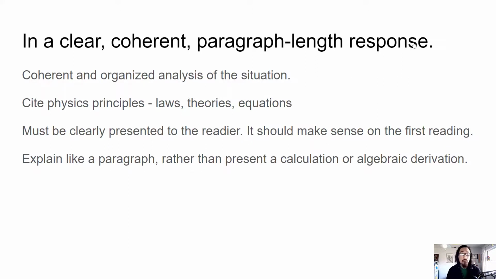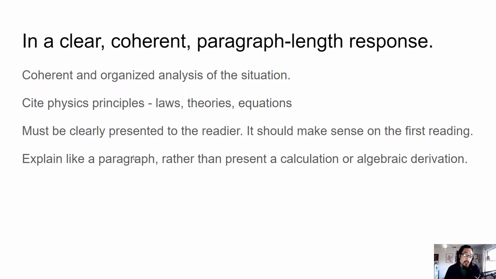This is very important because the AP readers read tons and tons of the same exact question. They don't go through the entire test; they're assigned one question and they grade just that one question. While they're reading your response, it should make sense because they have to go through so many of these. If they're like, what are they talking about, you're not going to get that easy point. So it has to be clear and concise.